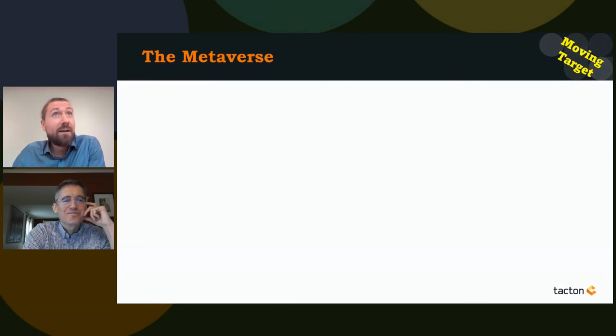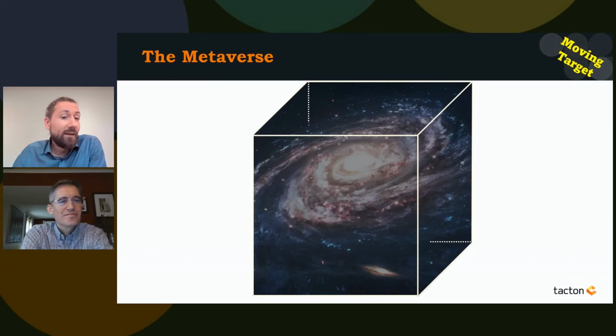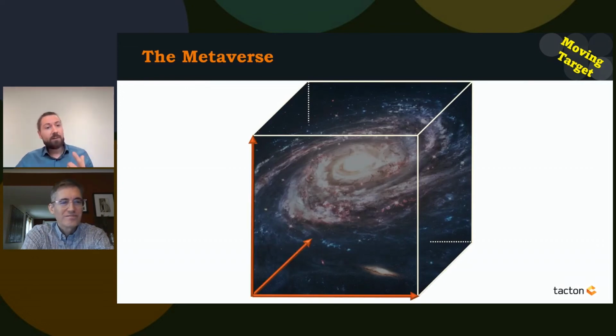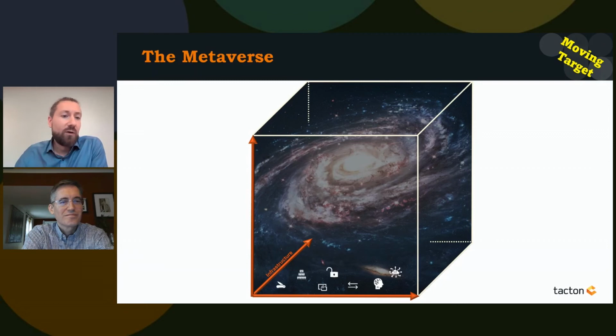But currently, I like to describe the metaverse by looking at a cube with 3 different dimensions. And each dimension describes a different aspect, a different domain of expertise that you might have when looking at the metaverse. So one of those dimensions is infrastructure. So talking about topics like the metaverse should be open for multiple use cases, for unlimited number of parallel users.